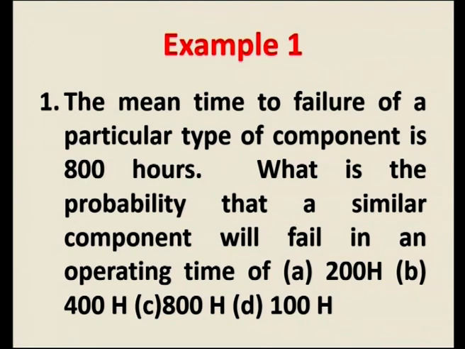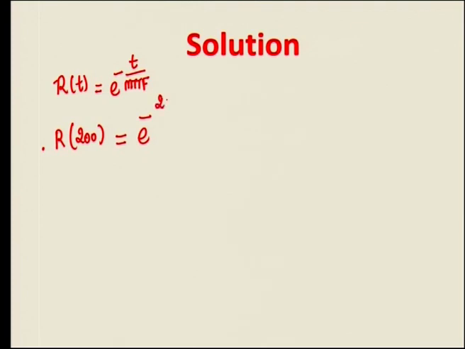We know that the reliability function capital R of t is given by e power minus t by the mean time to failure. So, we have R of 200. That is subdivision A. R of 200 is given by e power minus 200 divided by the mean time to failure.